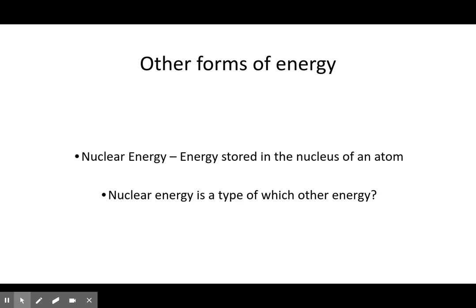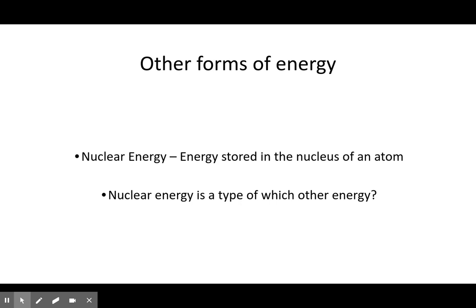We're going to have other forms of energy that are going to be covered, and we're going to be referring to these over the next couple of weeks. So, nuclear energy is energy stored in the nucleus of an atom. Now, because all of these other forms of energy are just types of kinetic and types of potential, we need to kind of classify which ones these are going to be.